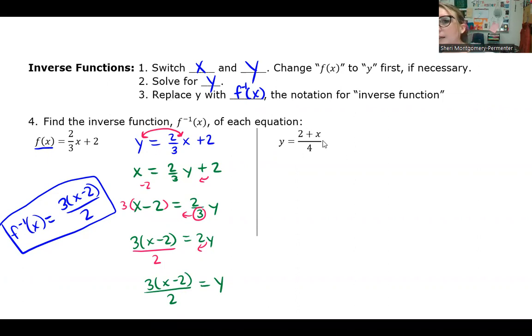For the next one, we already have y equals, so we're going to switch x and y, solve for y. And I'm going to tell you that my ending answer, I have a +2, so it's going to have a -2. I'm dividing by 4, so it's going to have a multiply by 4. Those are inverse operations. So first step, though, I've got to switch x and y and rewrite it.